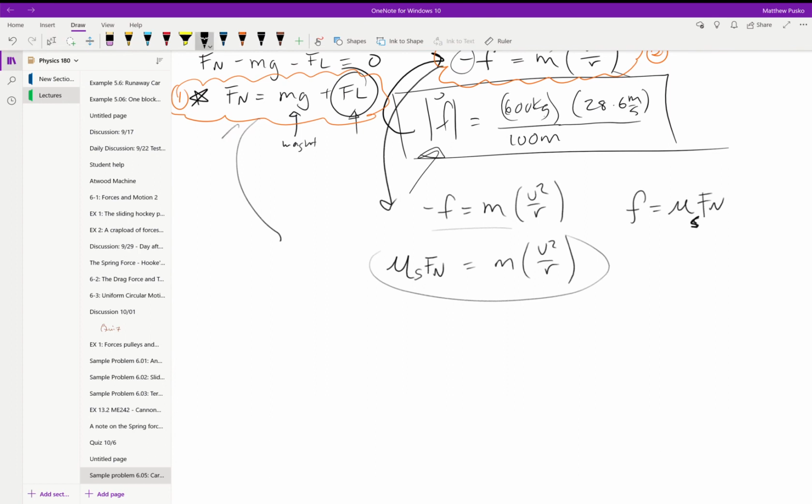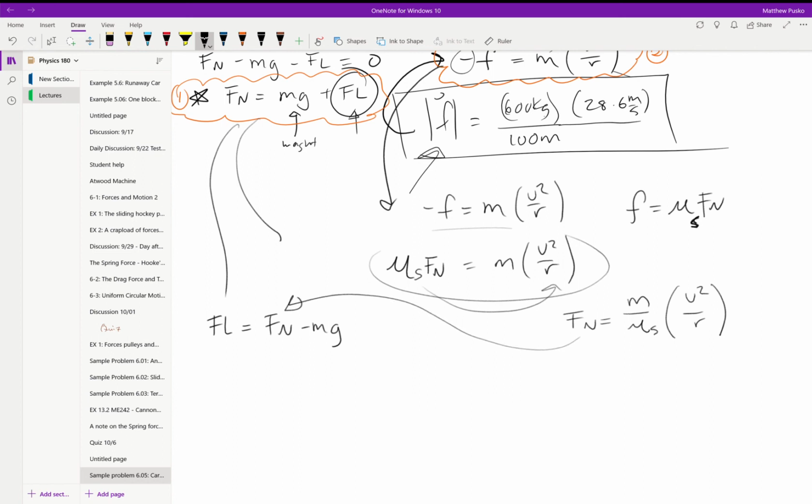Doing so, if we solve this for the force of lift, just rearranging it, we get the normal force minus mg. And we have an expression for our normal force now. I can take this mu and throw it on the other side, and we get a normal force is equal to m over mu times v squared over r.